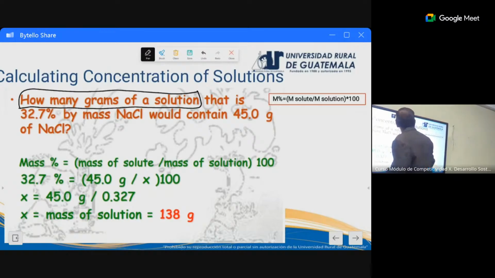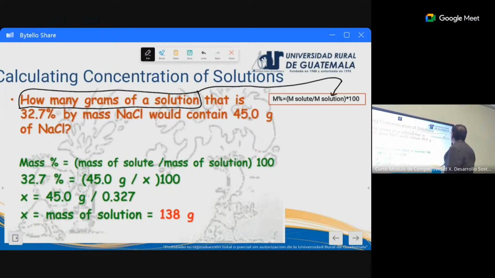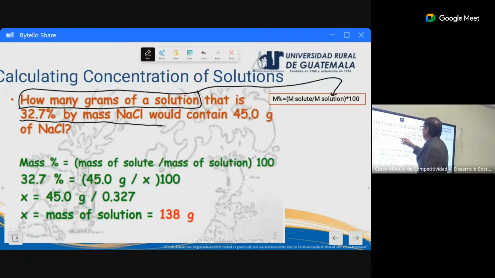It refers to how many grams of solution. It refers to this quantity here, mass of solution. There is 32.7% by mass of sodium chloride.